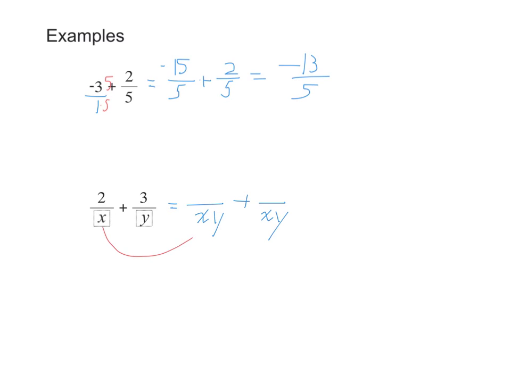The first fraction, to make it equivalent, I had to multiply the denominator by y. So I'll do the same thing to the numerator. In the second fraction, I had to multiply by x. So again, I'll do the same thing to the numerator.